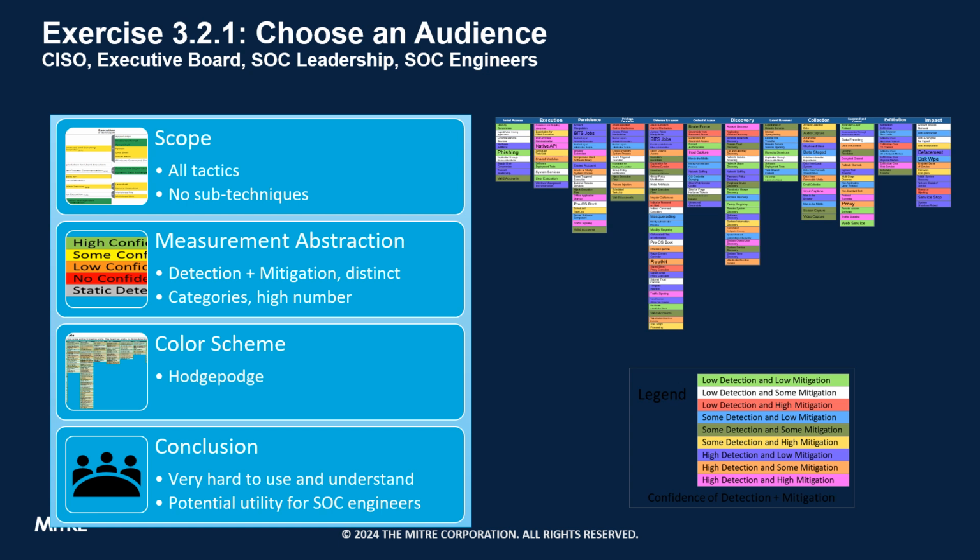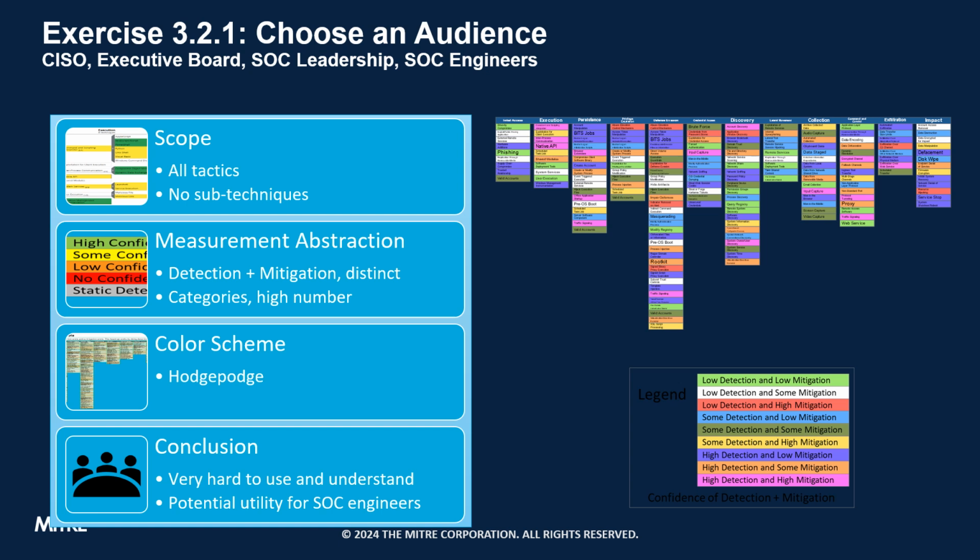We have detection and mitigation where each are distinct. I have low detection and low mitigation, low detection and some mitigation, and so on and so forth. There are categories, but there are 9 of them, which is relatively on the higher side. And the color scheme, I just use the phrase hodgepodge to describe it. It's almost random. There's no real rhyme or reason to what the colors mean.